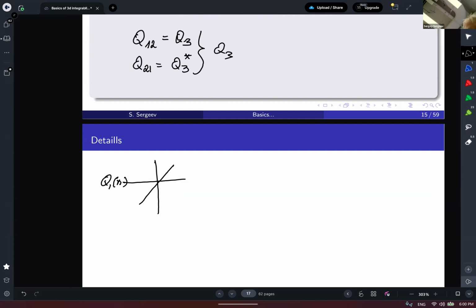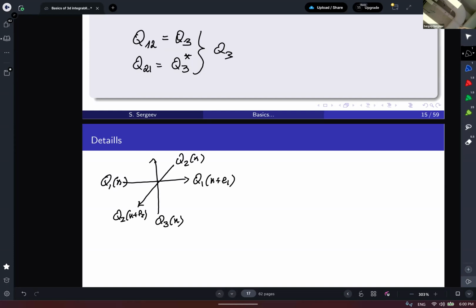Q1 of n here, Q2 of n here, Q3 of n here. Those are incoming edges. Outgoing edges are Q1 of n plus E1, Q2 of n plus E2.